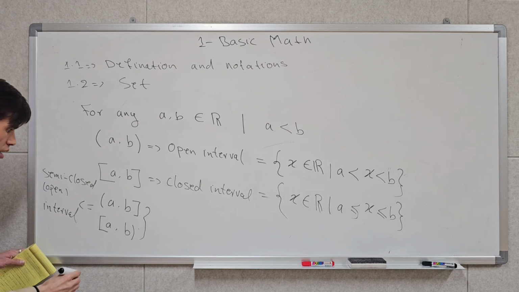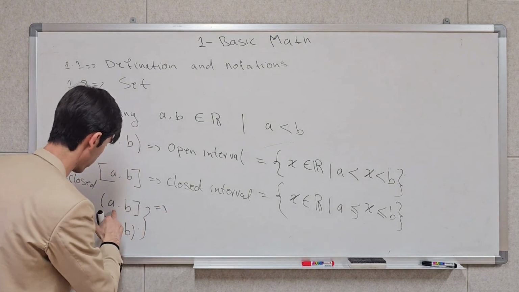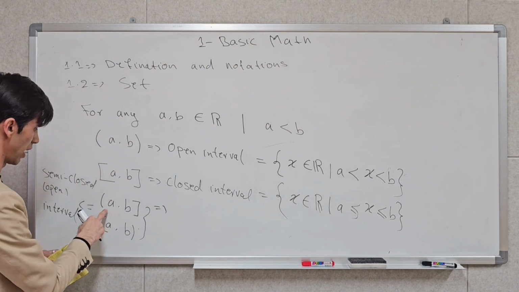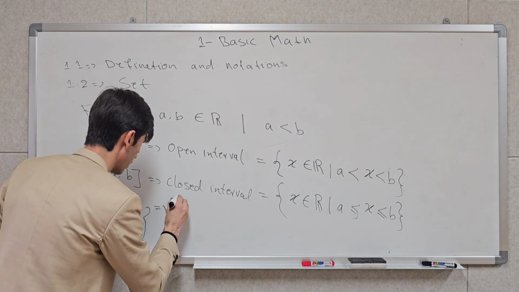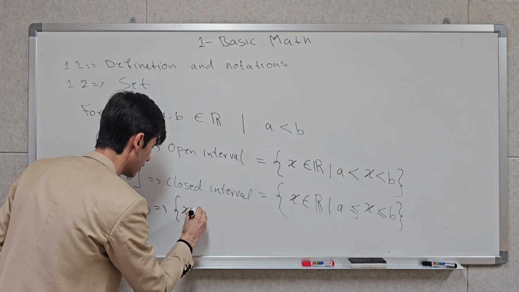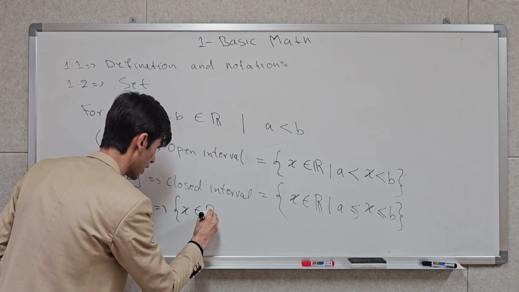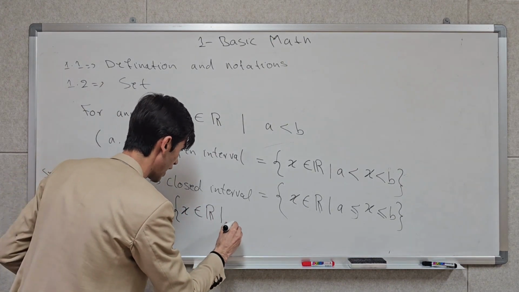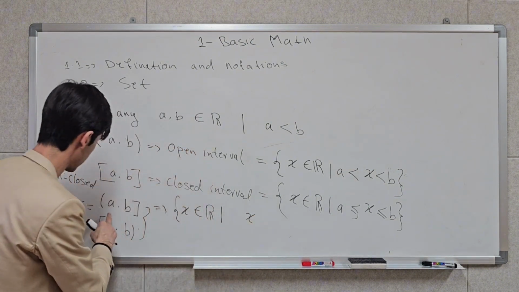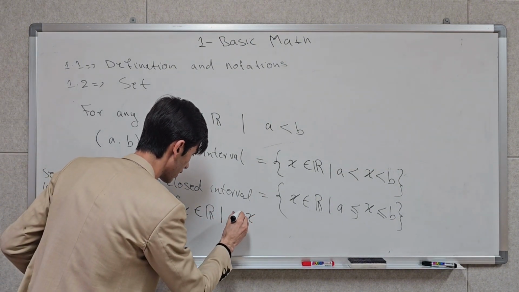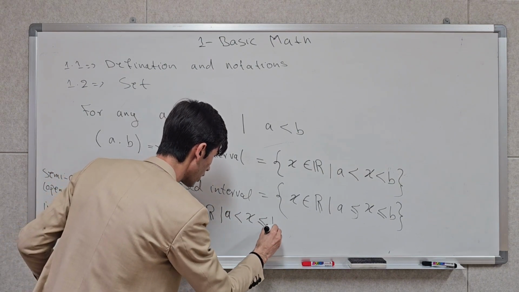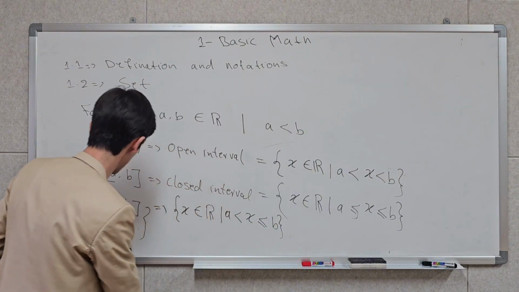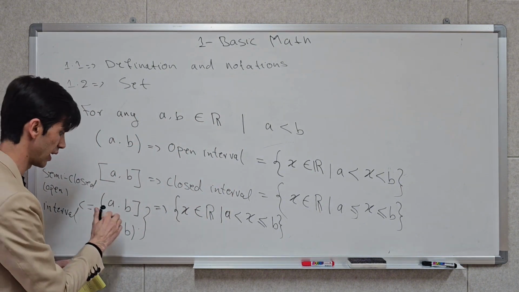In the first one, it includes B but does not include A. We have X as a set of real numbers such that X is greater than A, but less than or equal to B. It includes B, but does not include A.